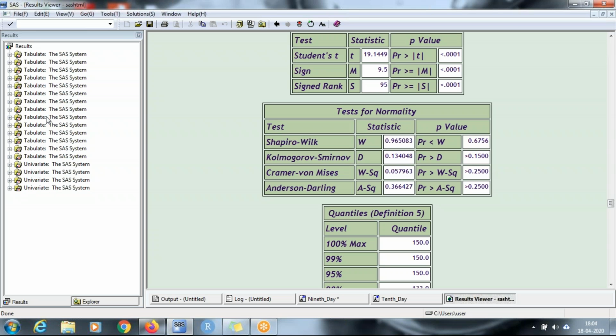Now there is a very fundamental gap in your understanding of hypothesis. Let me explain what hypothesis testing is all about. A hypothesis is an assumption which we, as an analyst or as a business owner, make, right?